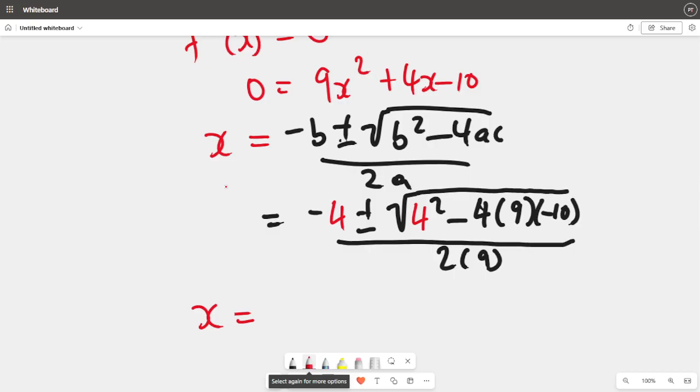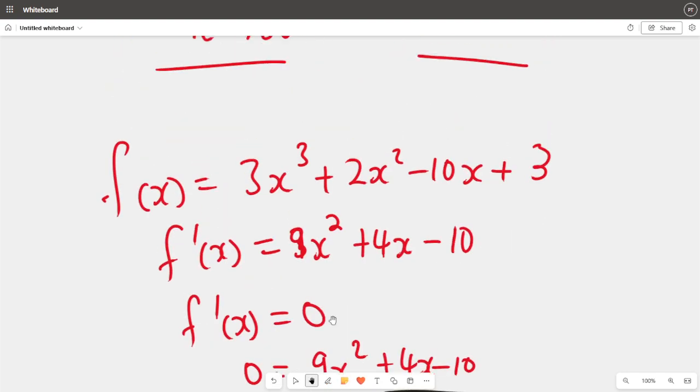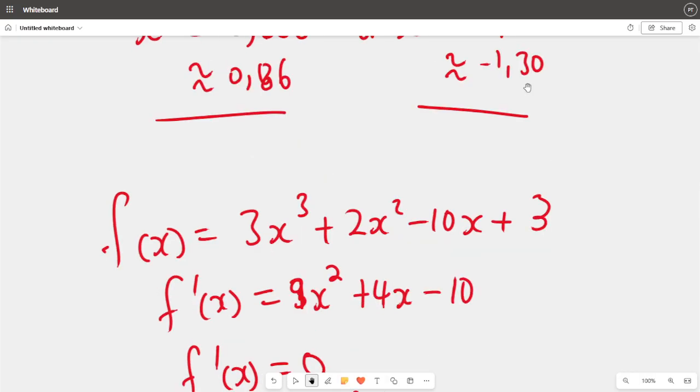Remember, the values are approximately 0.86 or negative 1.30. So let's punch our calculator on this one and check whether we get the same answer.